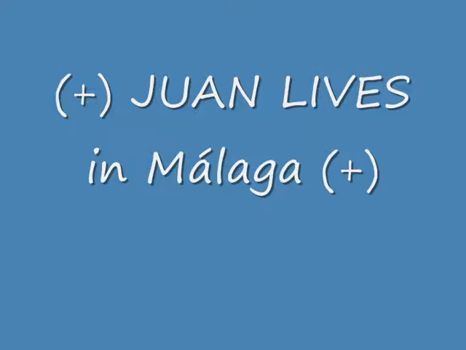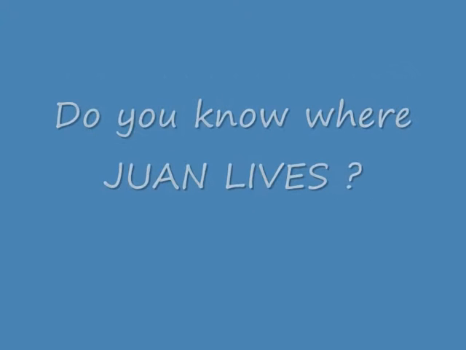So, mira la estructura ahí, Juan lives, okay? You take this structure and you put it into the indirect question. Lo insertas en la pregunta indirecta. Okay? Do you know where Juan lives?